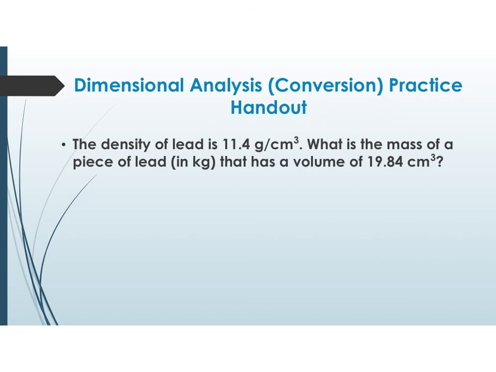Okay, so we had, again, two things given to us. We had the density of lead, and we also had, more specifically, what we're going to start off with, that we're going to put over 1, and that's the volume that this lead is taking up. So I'll go ahead and put 19.84 cubic centimeters over 1.